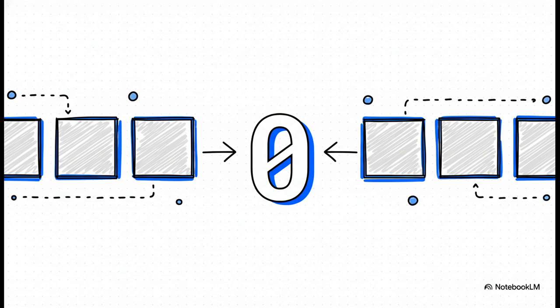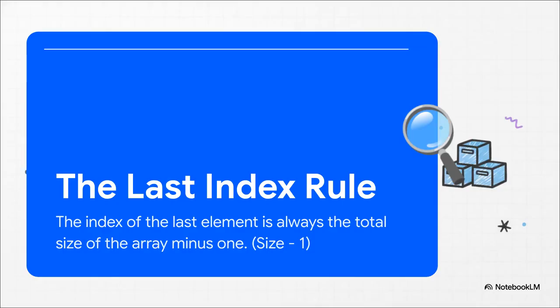And right here, this is probably the single most important, most confusing, and most critical thing for new programmers to burn into their brain. In the world of programming, we don't start counting at 1. We always start counting at 0. The first box is index 0. And because we start counting at 0, that leads us to a simple but really crucial rule.